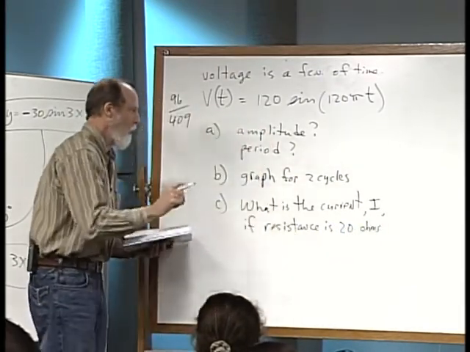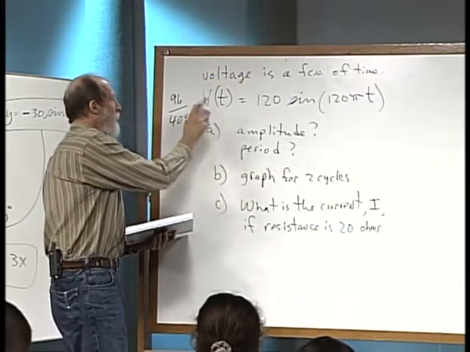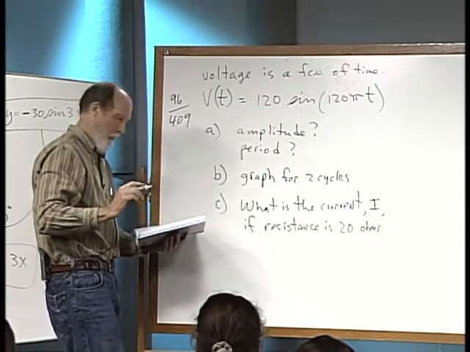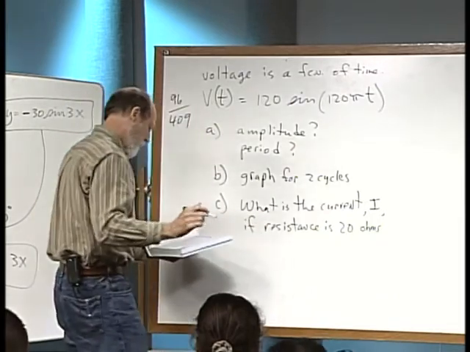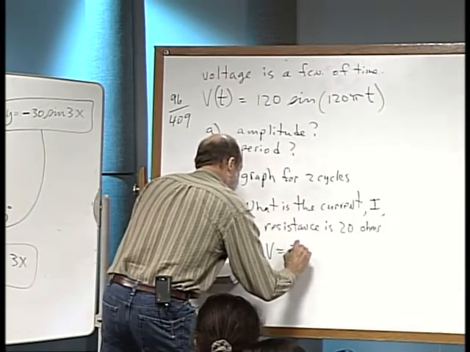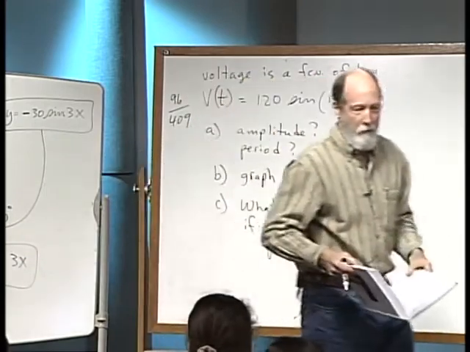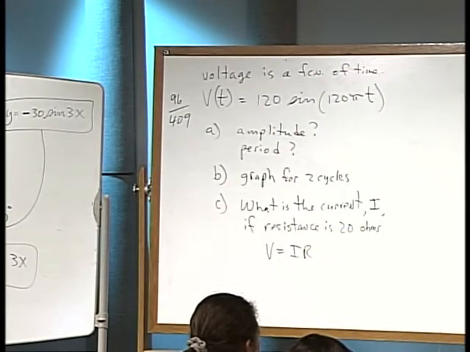Now, there's a rule that allows you to compute current if you know the voltage and the resistance. And that's a very simple rule or law. Voltage equals current times resistance. Okay, so that's the problem that's posed in the book.